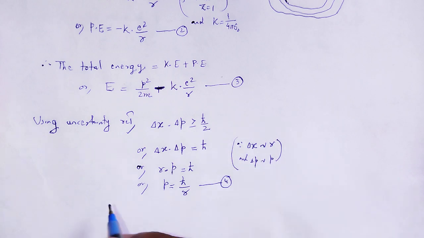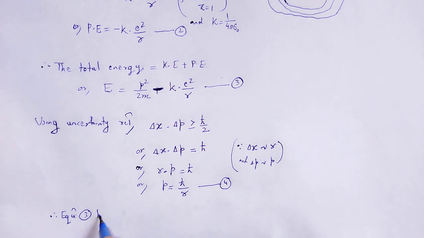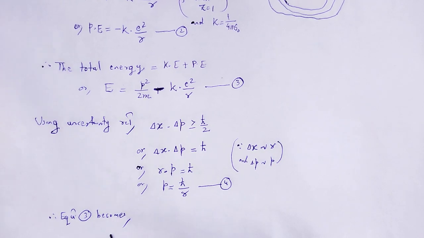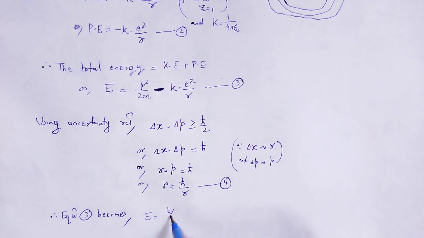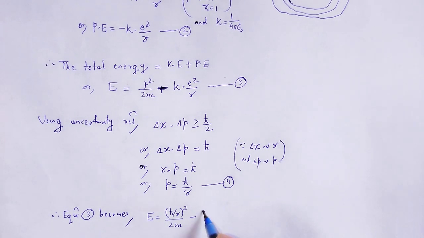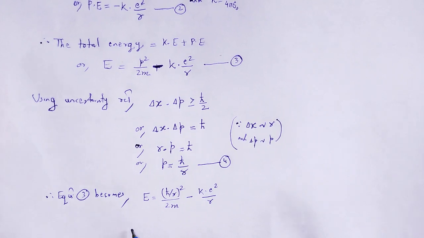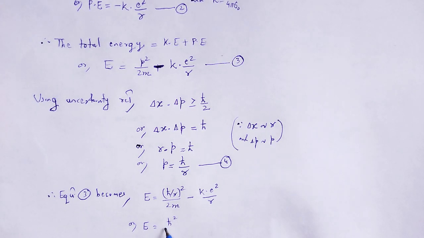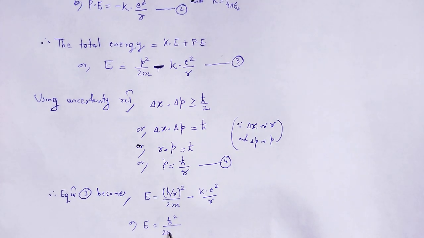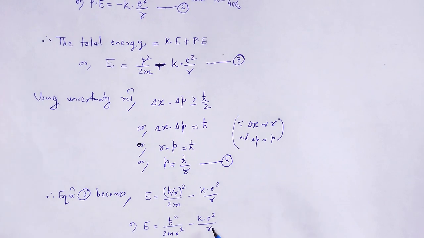Therefore, equation 3 becomes, in place of p we substitute h cut by r: E is equal to (h cut by r) whole square divided by 2m minus k e square divided by r, or E is equal to h cut square divided by 2m r square minus k e square divided by r.